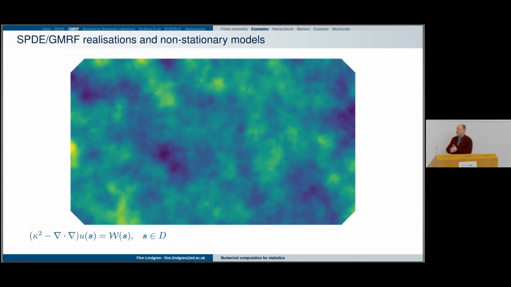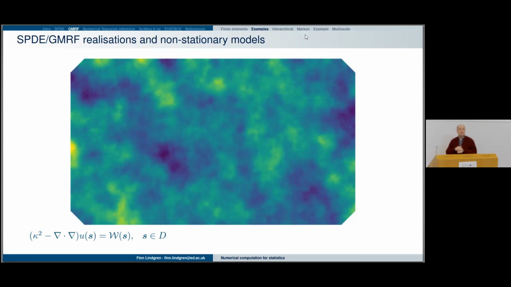So the Matérn covariance family, which is quite widely used in spatial statistics, has this property that you can write it as solutions to a stochastic PDE driven by a white noise process. So in this simple case, that's nice. But we'll see later why it's useful from a computational point of view to be able to do that.